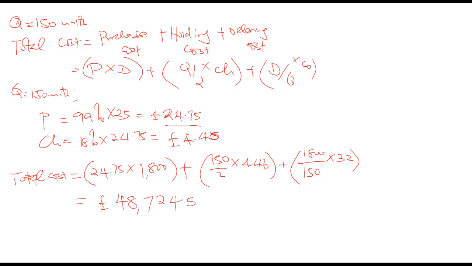Me neither, I got something 45. I also got 45 something. Let me check again. 45,268.5, so about 45,269. Okay, it should be something close to that. So 45,269. That's the cost in case you have your Q at 150.